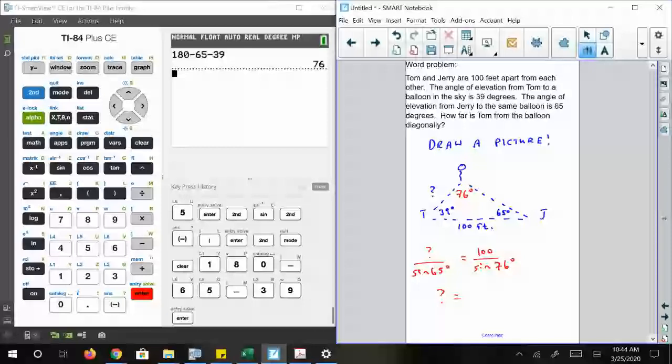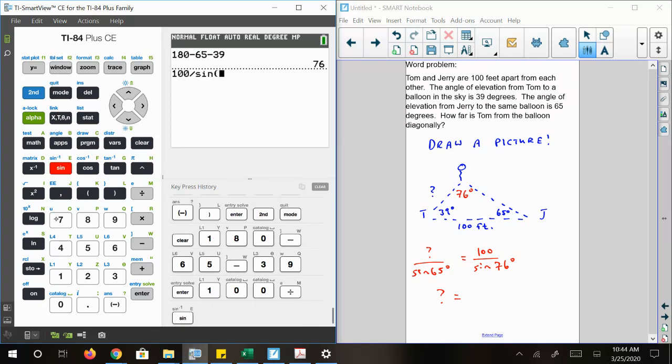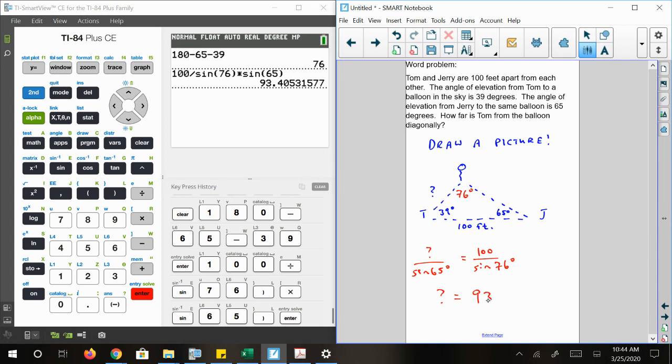So I've got 100 divided by the sine of 76 times the sine of 65. And when I'm done here, I see that Tom is 93.4 feet away from this balloon.